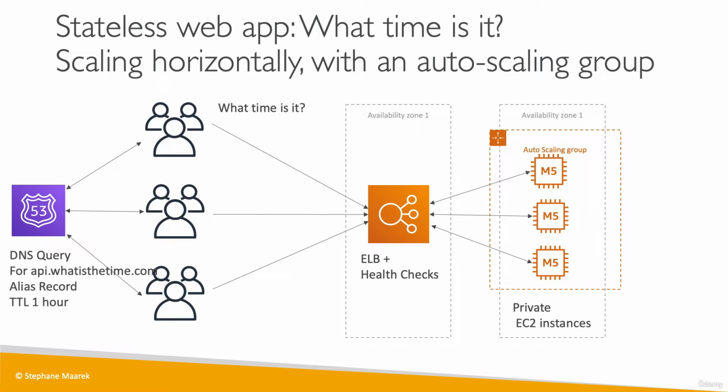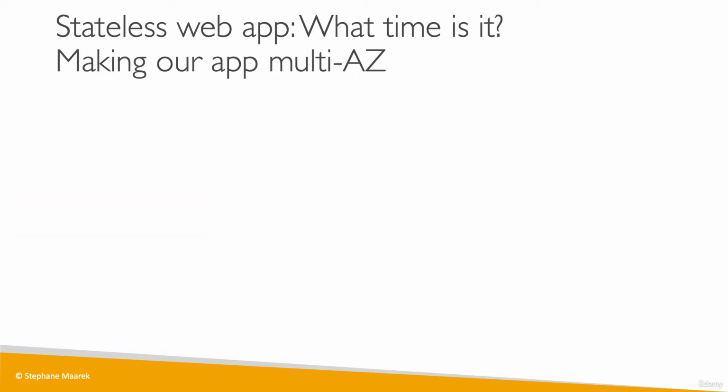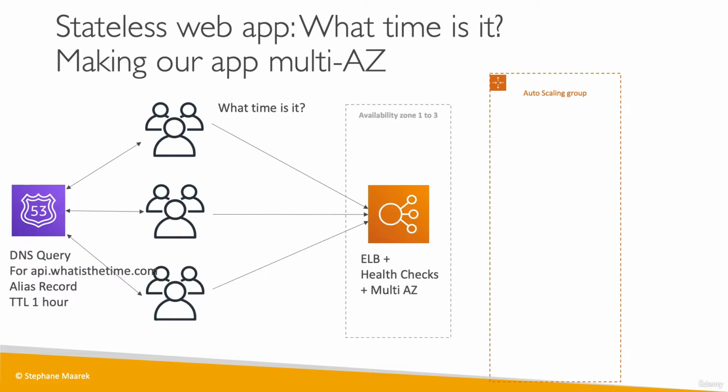And so Amazon comes and says, yes, it's because you haven't implemented a multi-AZ application, and we recommend you to implement multi-AZ to be highly available. So, okay, we say, all right, let's change a little bit the things. Now we're going to ELB, and on top of having health checks, it's also going to be multi-AZ, and it's going to be launched on AZ 1 to 3.